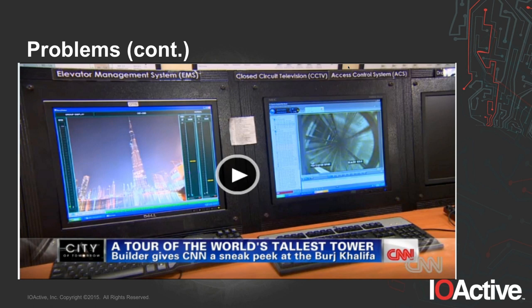And all of them run on Windows XP, which is a really old operating system. It's not supported anymore, outdated, and less secure than current operating systems. So right now, one of the most important buildings in the world is running its systems on Windows XP. Imagine city infrastructure: it is not the same, but similar.